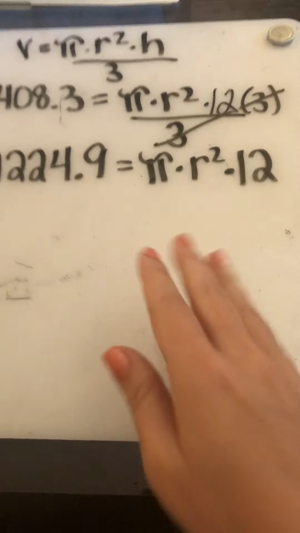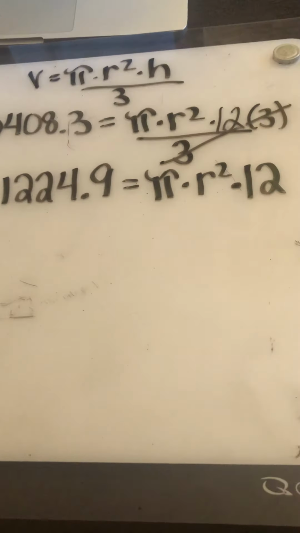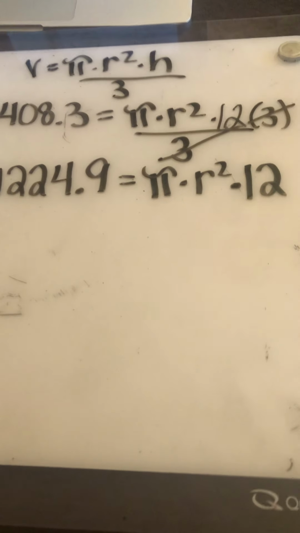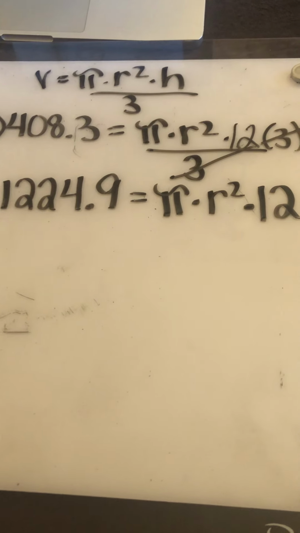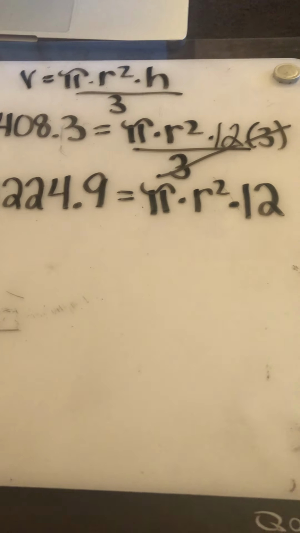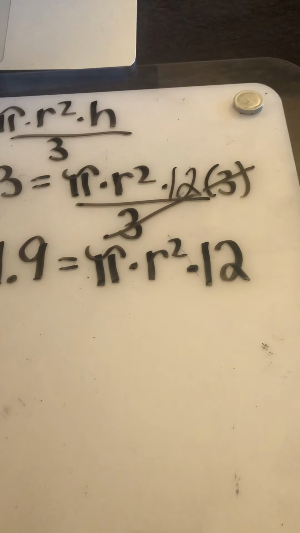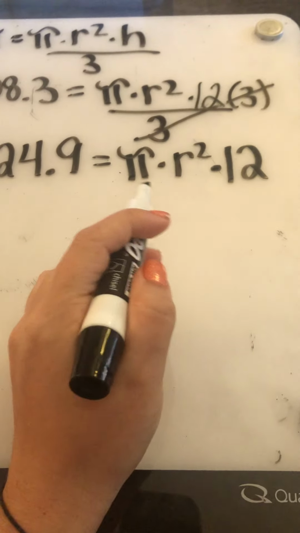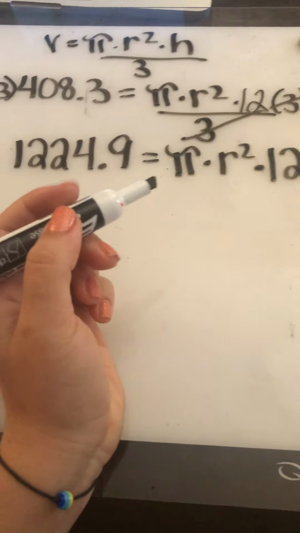Now here's where it changes a little bit. We're going to multiply 12 times pi. We're going to multiply those two first before we divide. So you would use your pi calculator, which is either the link provided, or you use your iPhone and you turn it horizontally. Pi is next to the rand. And again, when you multiply with pi or operate with pi, it's always best to keep 5 digits after the decimal.